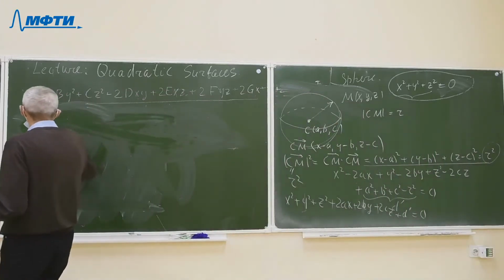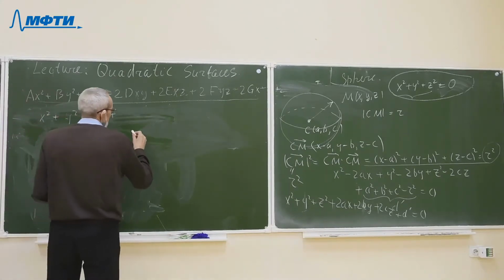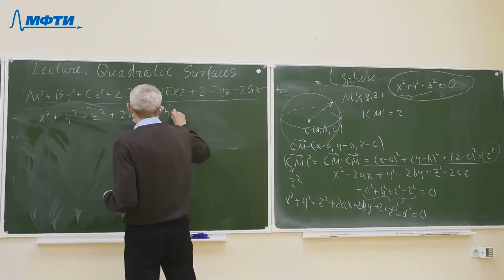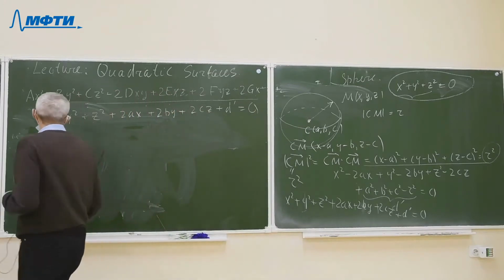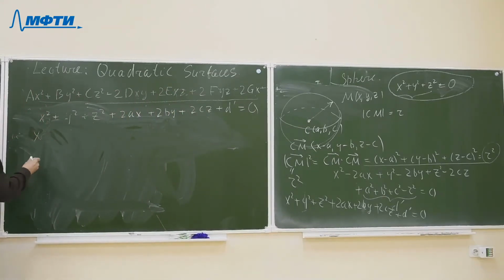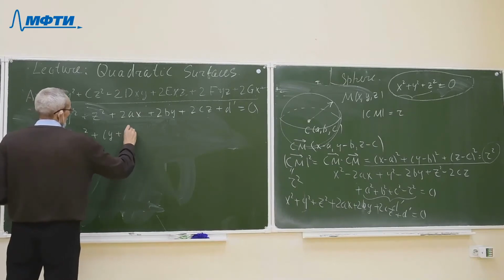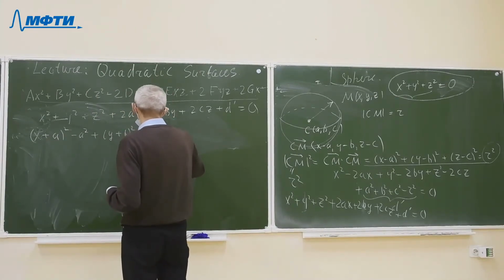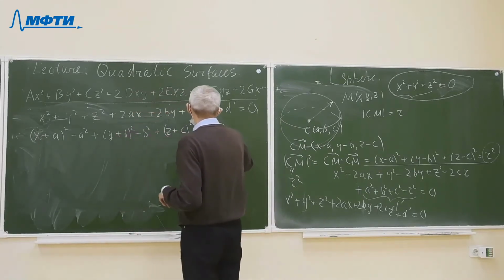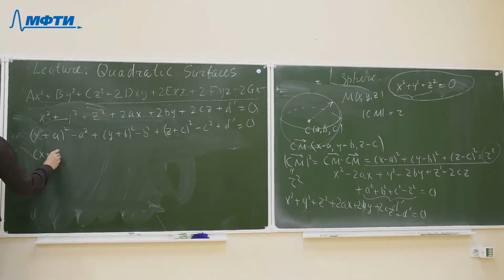For example, if we have some equation, we can rewrite it in the following form: x plus a squared minus a squared plus y plus b squared minus b squared plus z plus c squared minus c squared plus d prime is equal to 0. And finally, we obtain the following equation.